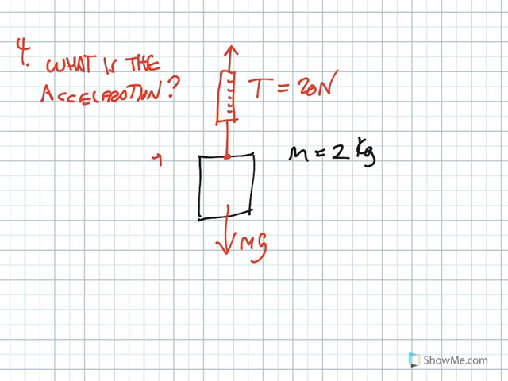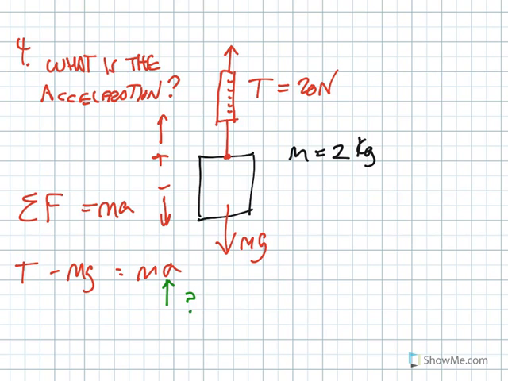Same coordinate system. And then write out Newton's second law. So net force equals ma. That's going to be T minus mg equals ma. The difference now is I'm, again, trying to figure out what is the value of a.